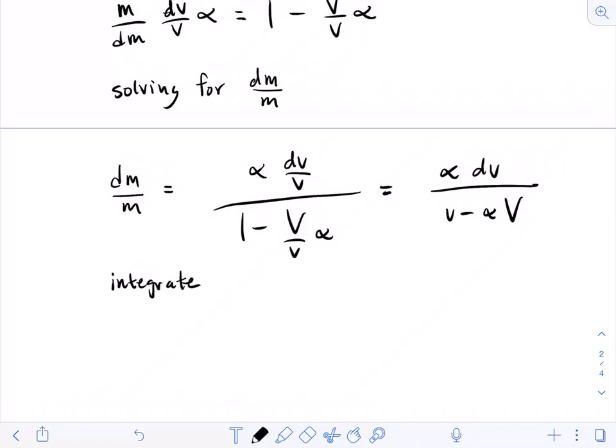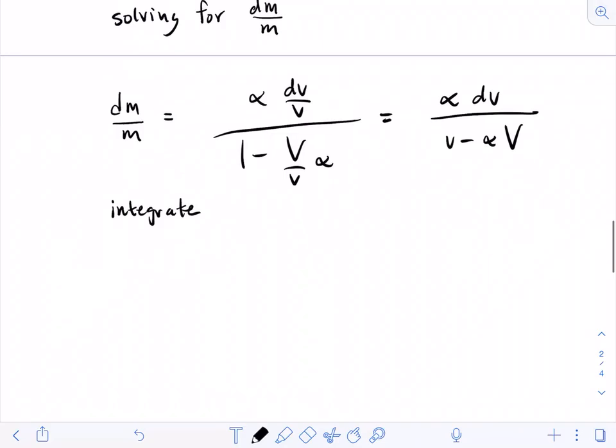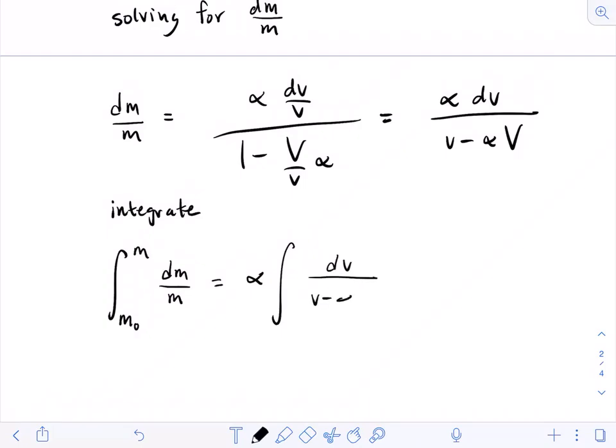On the left-hand side, we have only a function of mass, and so we integrate from some initial mass m0 to some final mass after we've burnt our fuel. On the right-hand side, alpha is a constant, so we take that out, and we have the integral of dv over (v minus alpha V).